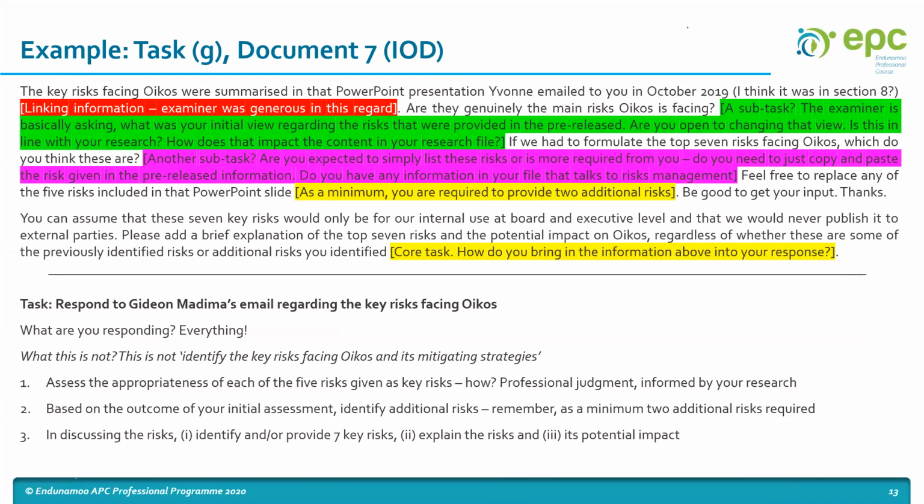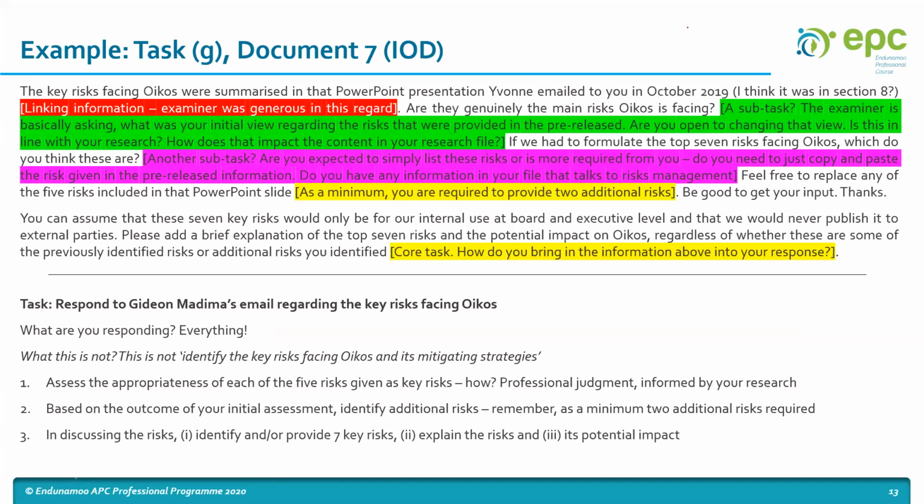Risk number 3, I do not agree that this is a key risk because of 1, 2, 3. Risk number 4, I also do not agree that this is so. That means in that slide that you had 5, but I'm not agreeing with 2. So that means I've got 3 to start with. So that is you having answered what? The first part of the task.